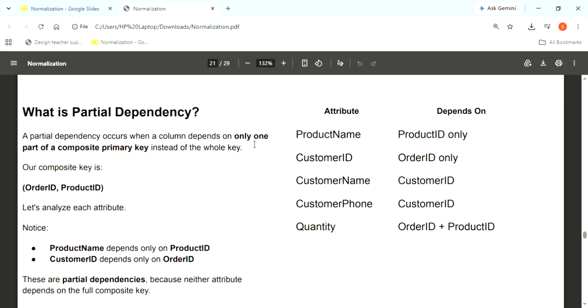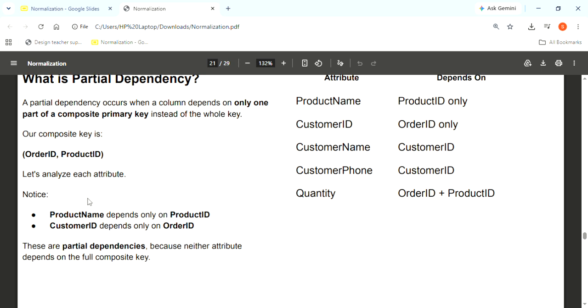A partial dependency is about having a composite key. If a non-key attribute depends on only one part of the composite key, then it is said to be partially dependent.